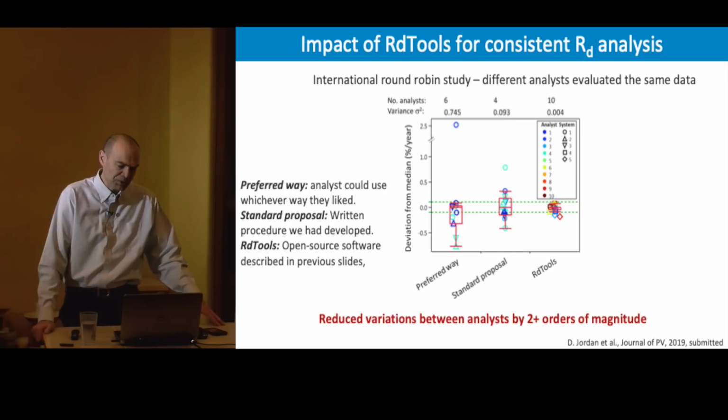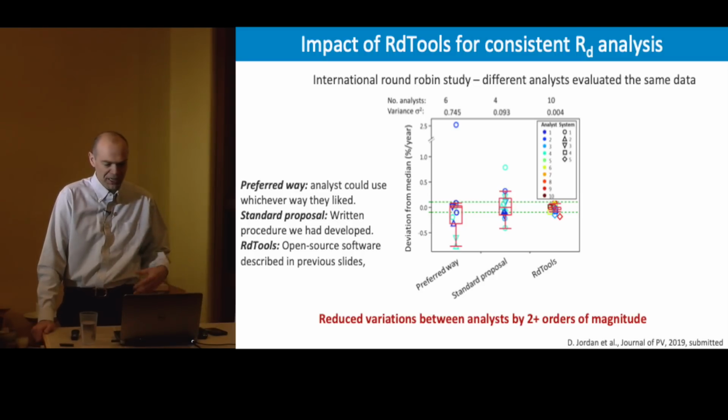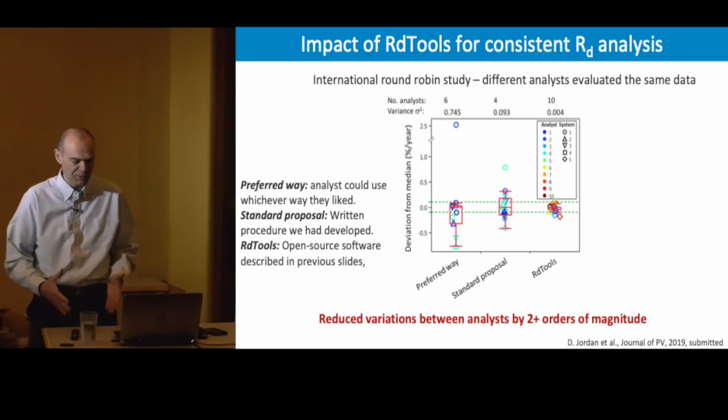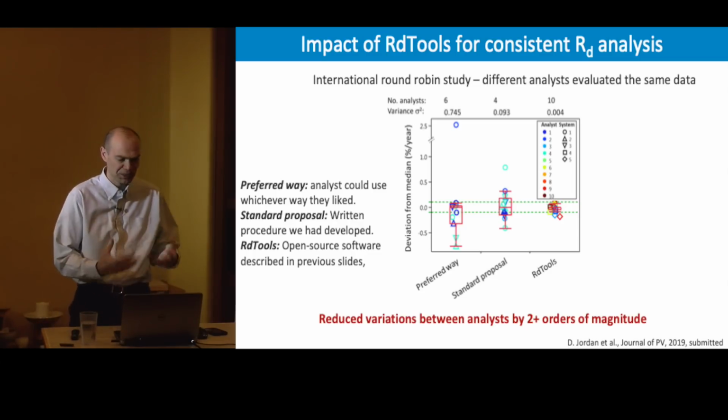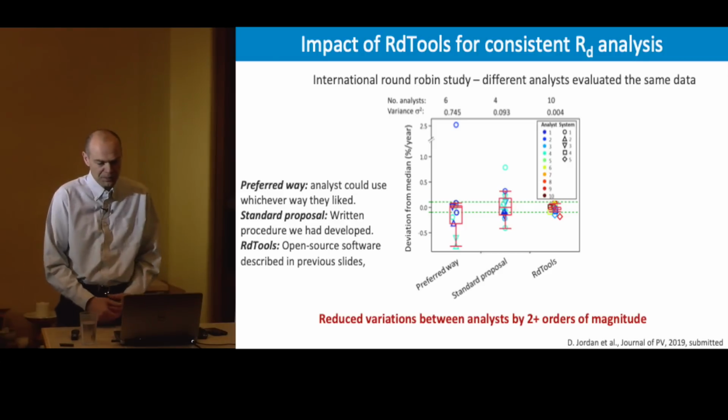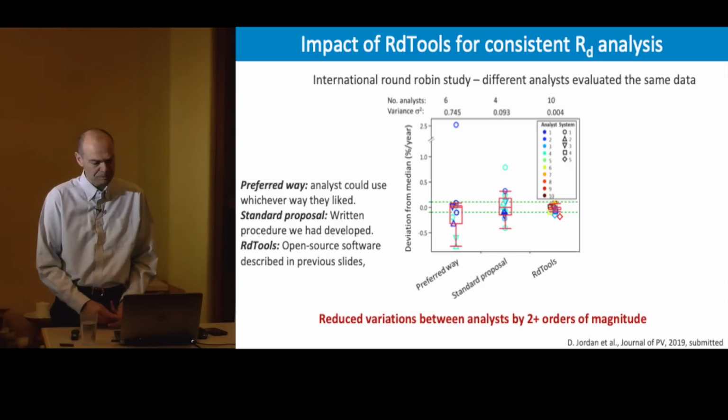And the results were not maybe quite as bad as throwing a dart at a dartboard, but there was significant variation. And then we had a standard proposal that we had written up, a written documentation, and that eliminated some of the extreme outliers, but there was still a lot of variation.